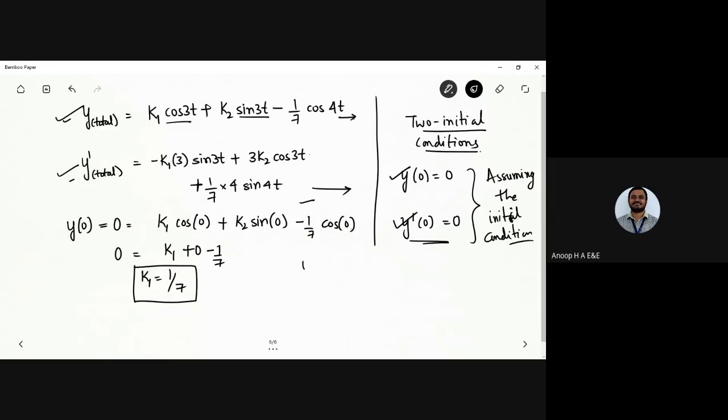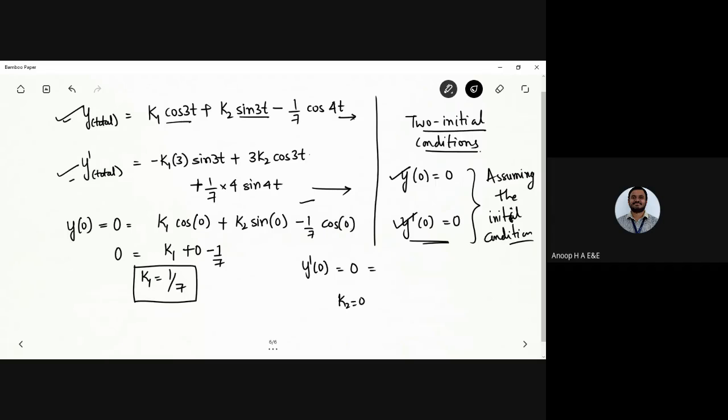Now, the value of k2, from y dash of 0 equal to 0.